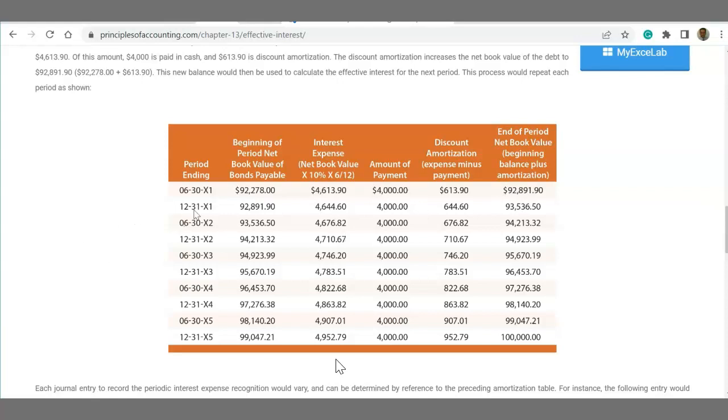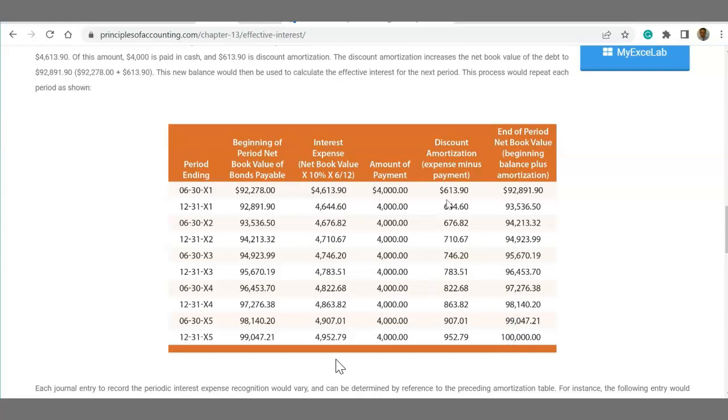And then you take it to the second line, the same number, 92,891 times 5% market interest rate, that's 4,644 minus 4,000, that's 644. 644 plus 92,891 is 93,536. So remember, your book value needs to increase little by little all the way to 100,000.